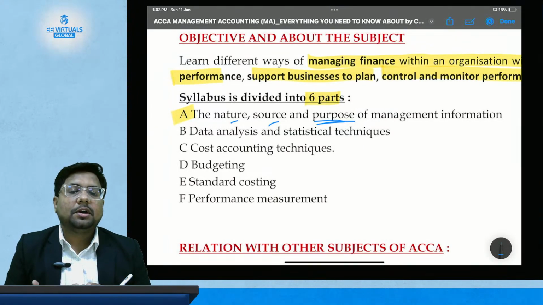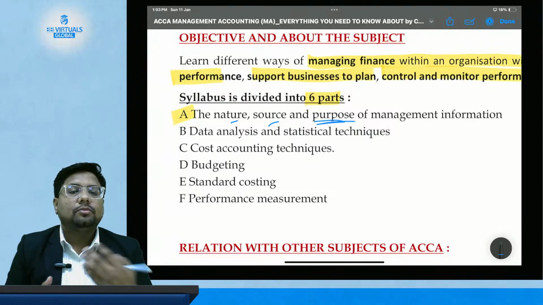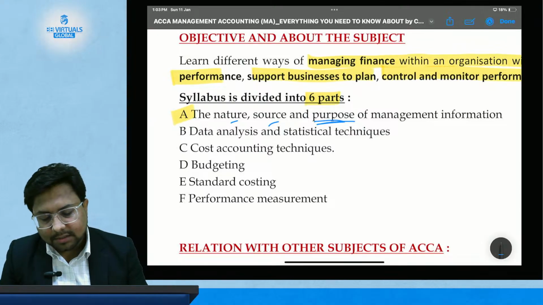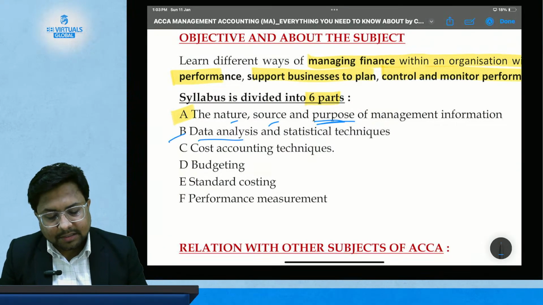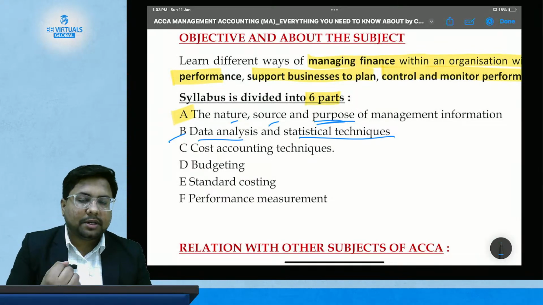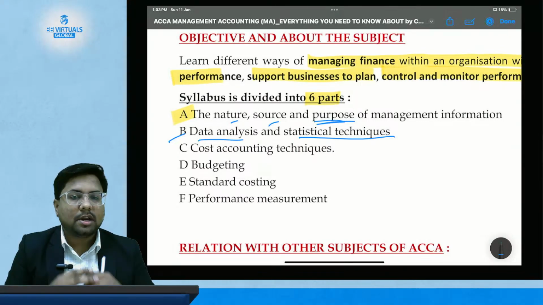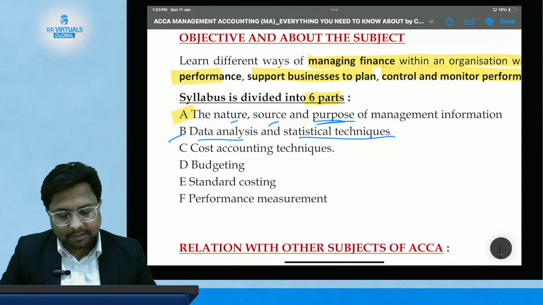So we will understand where we should get the data to use for making information. Along with this, in part B, we will understand data analysis and statistical techniques. In part A, we will understand where to get the data, and in part B, we will understand how to use this data through data analytics and statistical techniques.